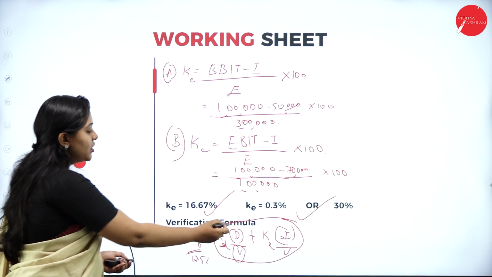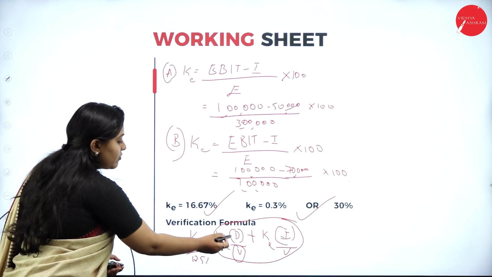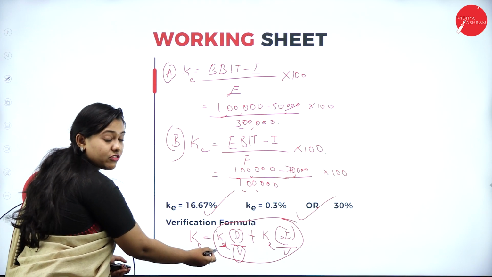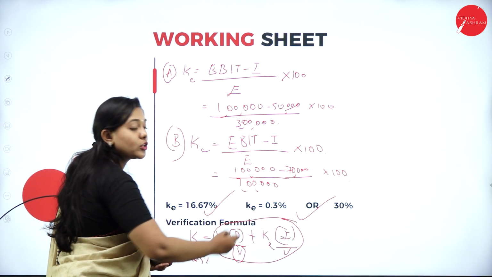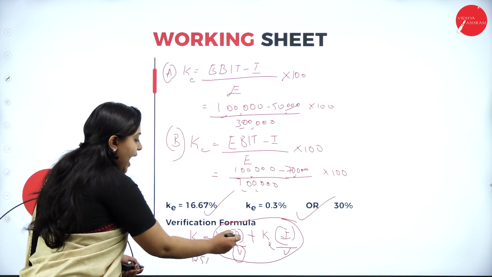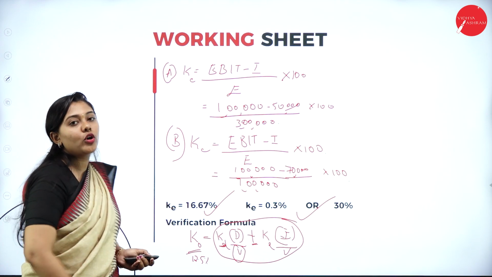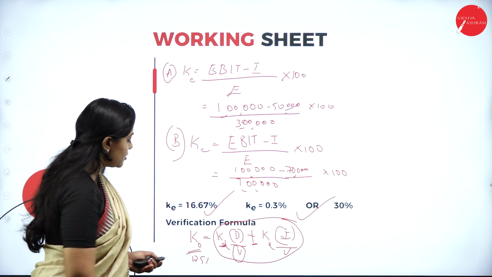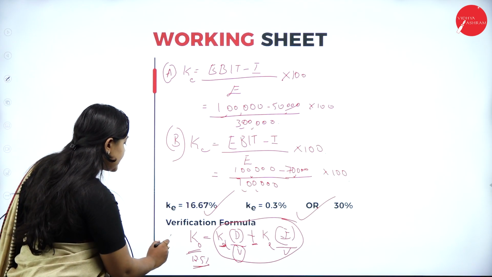So 3 lakh divided by value of the firm, which is 8 lakh. So divide these two, multiply with the cost of debt, divide these two, multiply with the cost of equity, and add the values. The value should be equal to your overall capitalization rate, that is 12.5%. This I have taught you for case A.